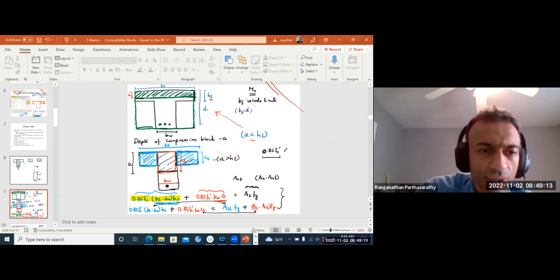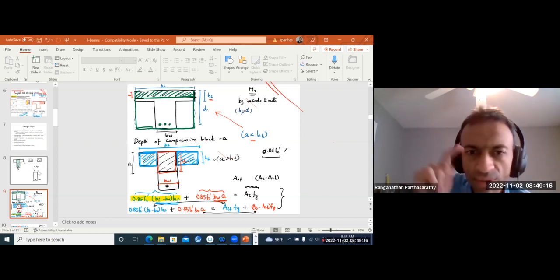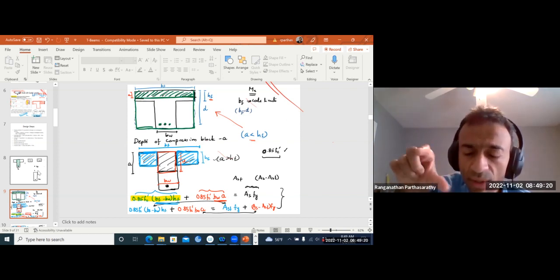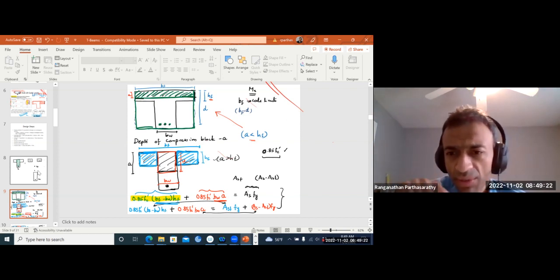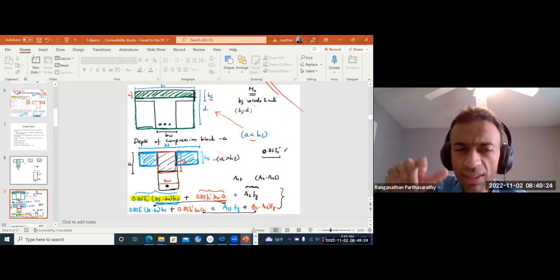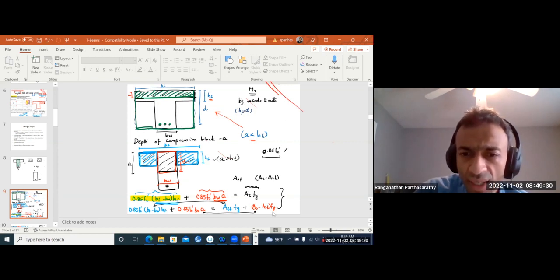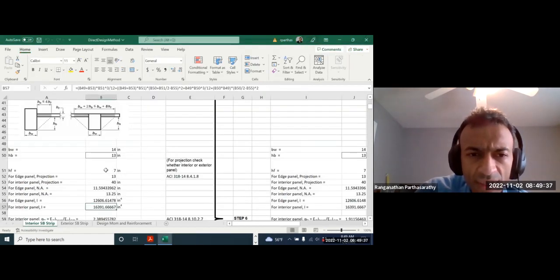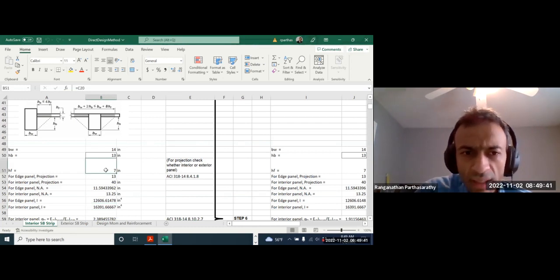Sorry. So out of whatever moment is going to the column strip, some part goes to the slab part of the column strip, some part goes to the beam part. Now the confusion is which is the slab part, which is the beam part. That's what I'm trying to explain here. So in this example, your slab thickness is 7 inches.